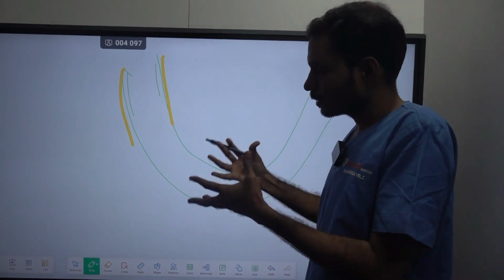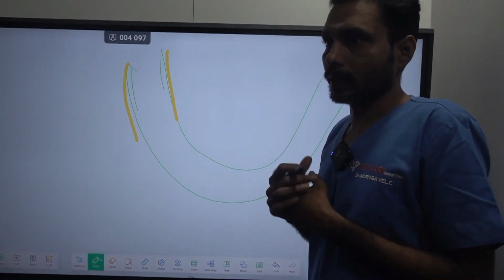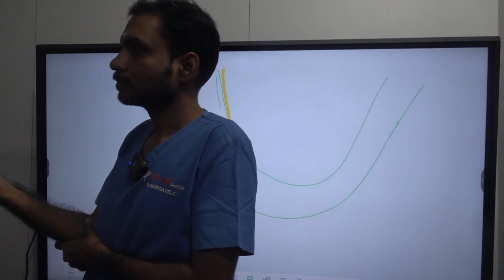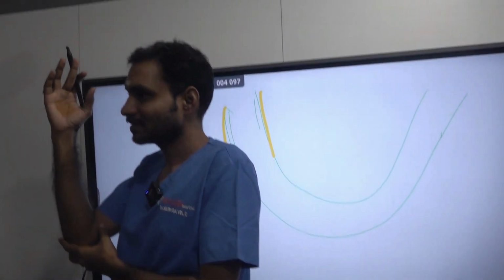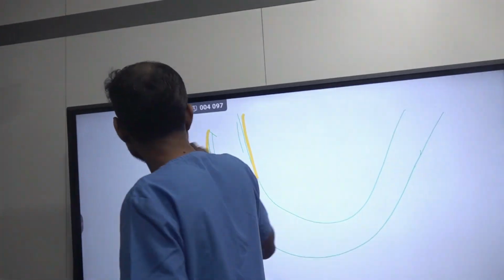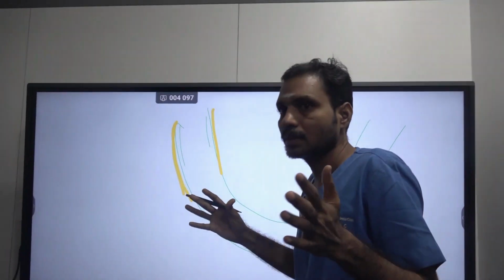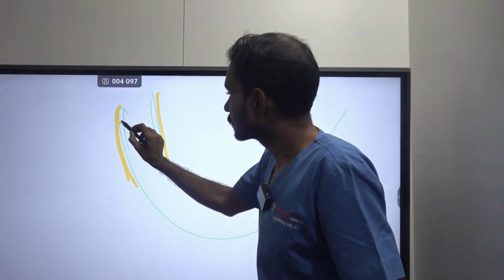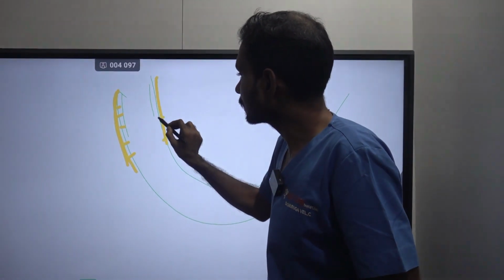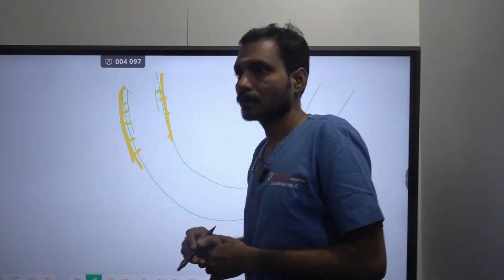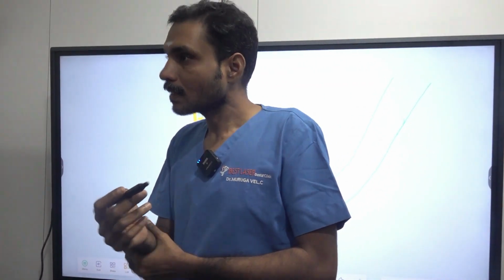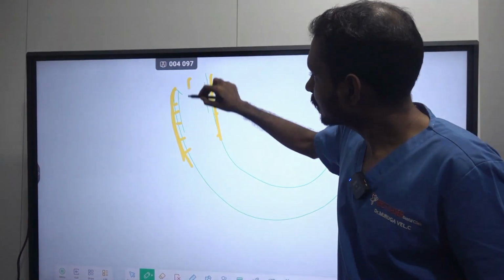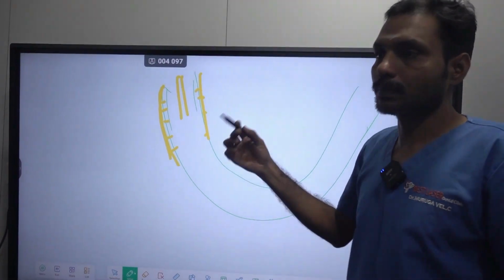So how does the bone get its blood supply? From the periosteum, from this yellow color, from this periosteum, it is getting the blood supply. So it is providing nutrition to this part. Okay, then what else? The inferior alveolar vessel and its branches.